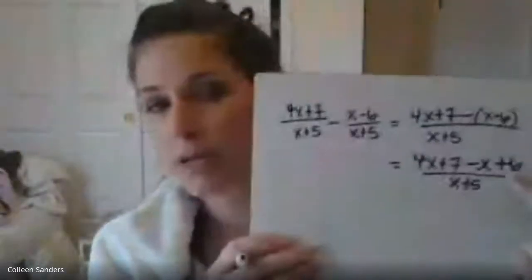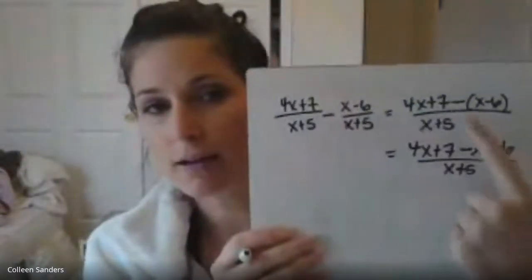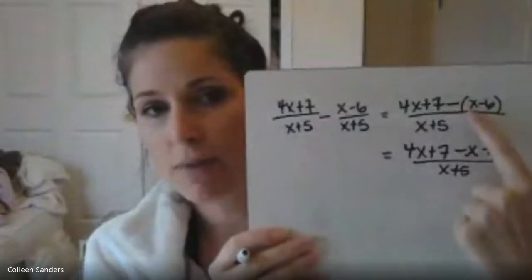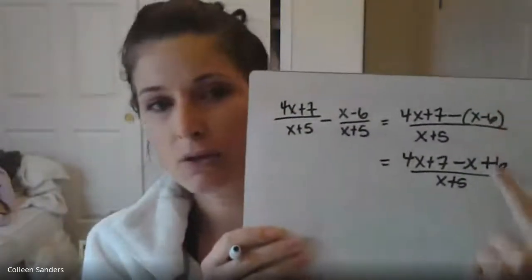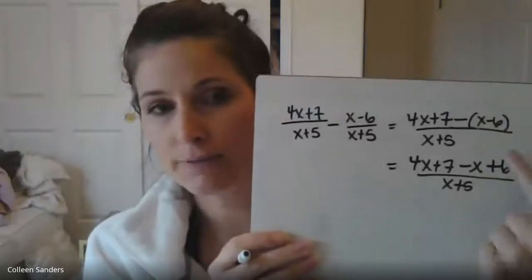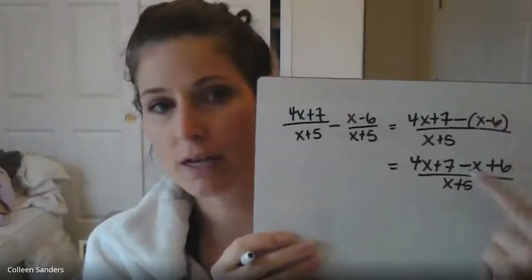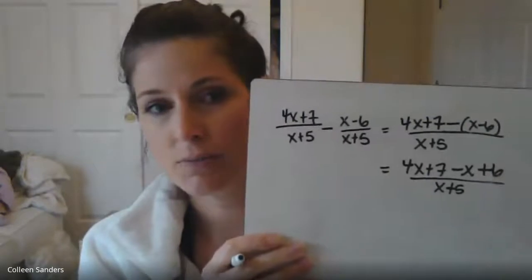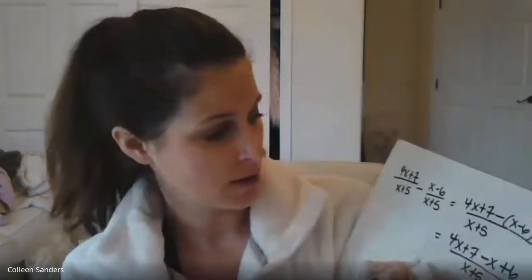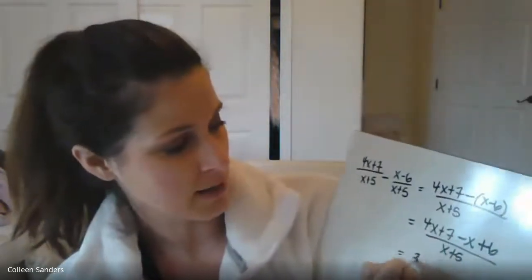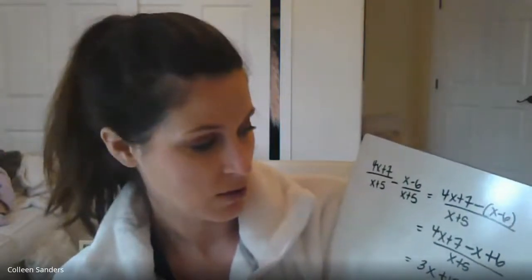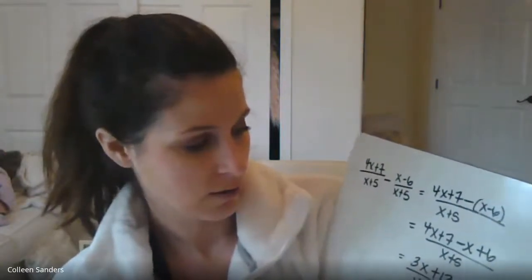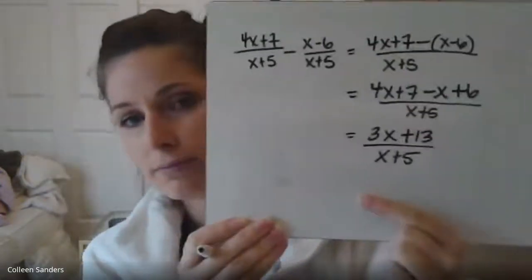That's the part, the plus 6, most students don't get. If they distribute it wrong, they'll do a minus x, but then they leave it as minus 6. That is one of the most common mistakes I see in this chapter. So you got to distribute the negative to both of them. This should be a plus 6. So now when I just combine them, 4x minus x would be 3x. 7 plus 6 would be 13 over x plus 5.